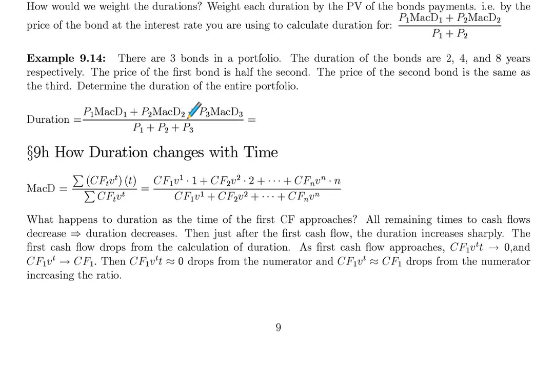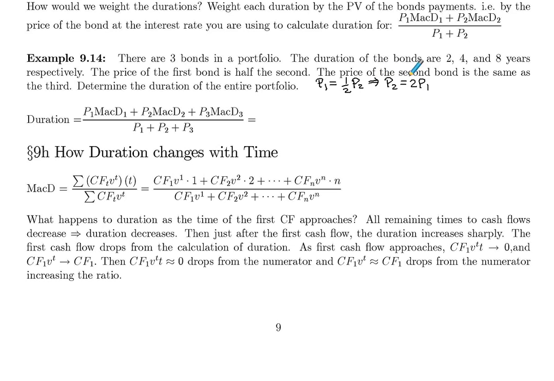Well, we don't know what the total of all the prices are, but we do know some relationships between them here. We know that the price of the first bond is half the second, so P1 is 1/2 of P2, or if you want the second bond, P2 is twice the first bond, P1.